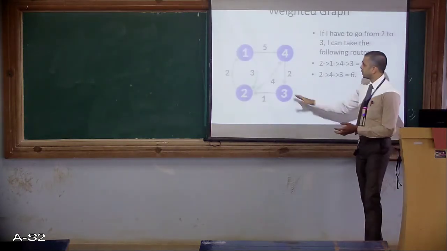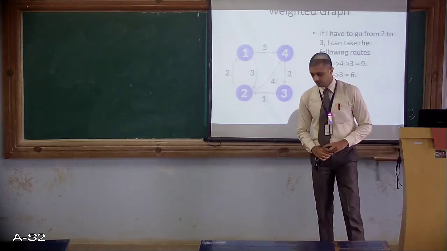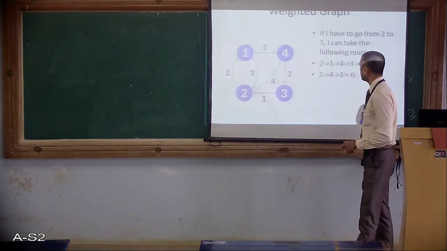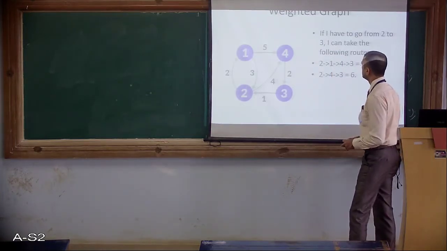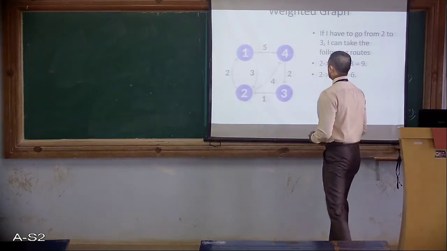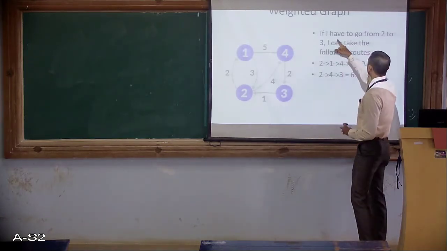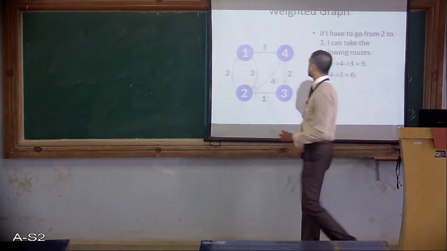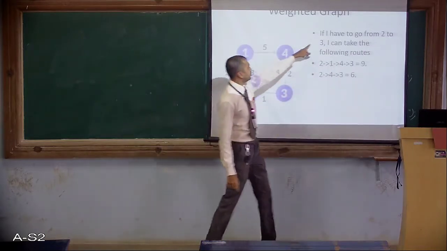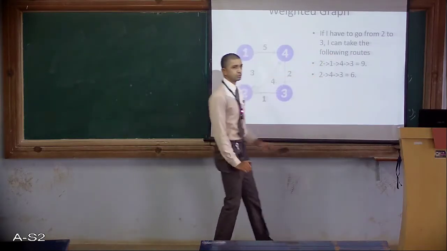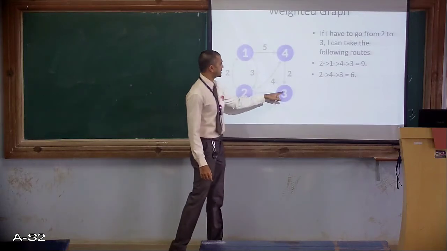Alright. So this is one directed graph with a pair of vertices. If I have to go from 2 to 3, I can take the following routes. Say vertex 2 to vertex 3.